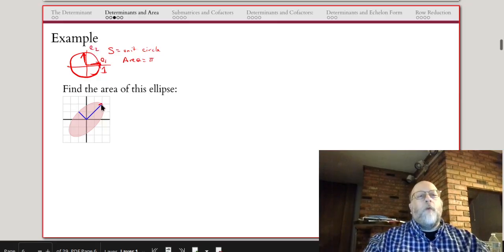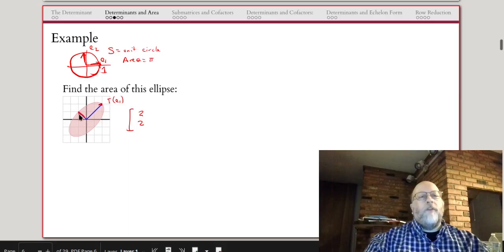The transformed version of E1 is now at the position 2, 2, and the transformed version of E2 is at negative 1, positive 1.